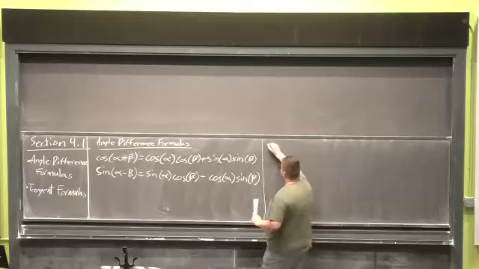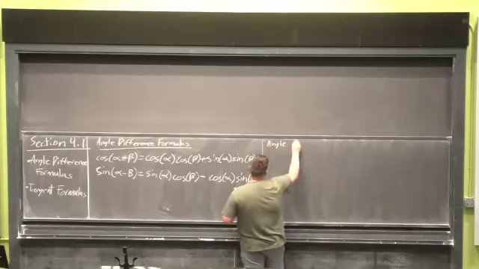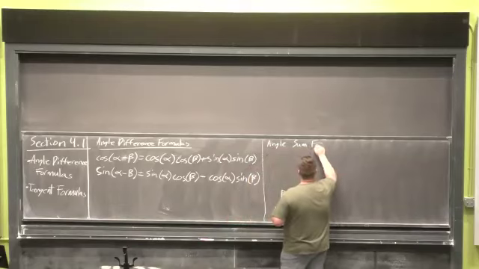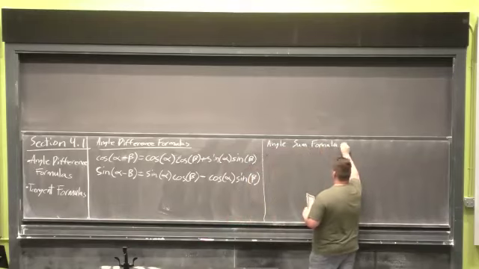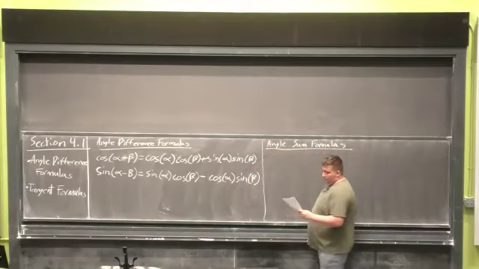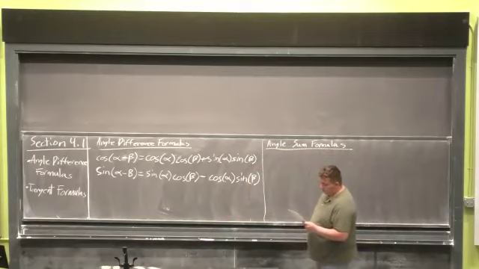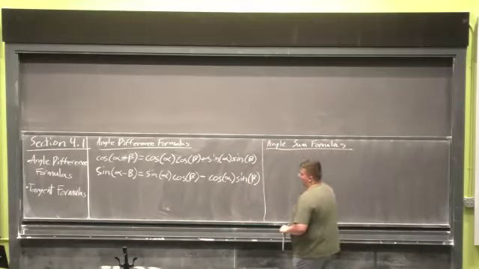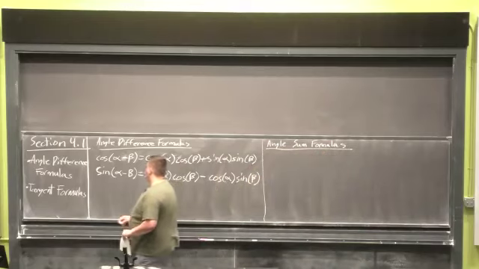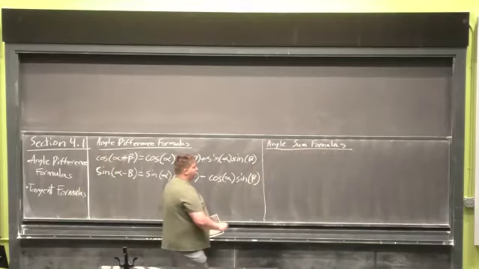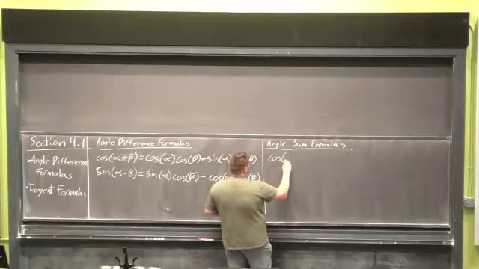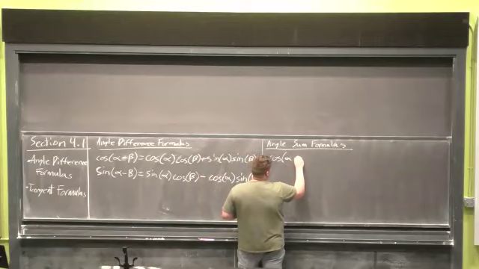So we also have the angle sum formulas. Now, these in a way are kind of just the same as the angle difference formulas. Because you could think of this as we're going to have cosine of alpha plus a negative beta.